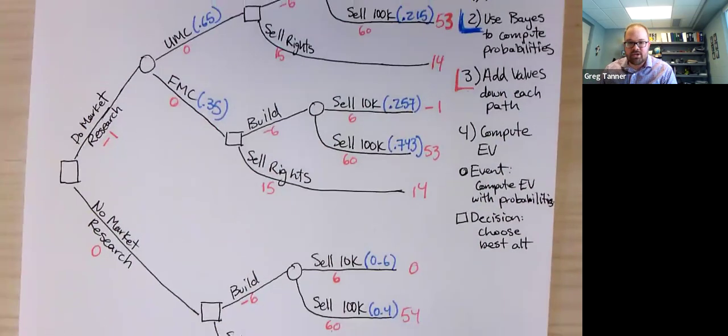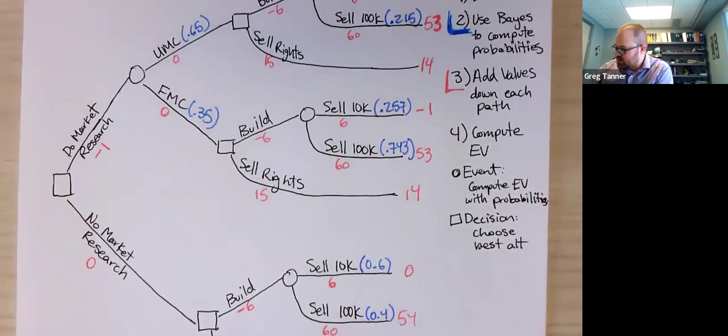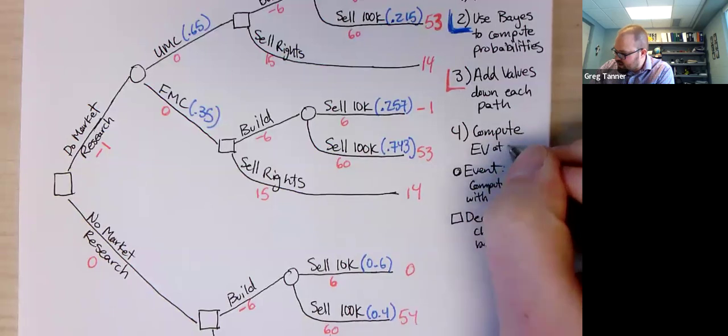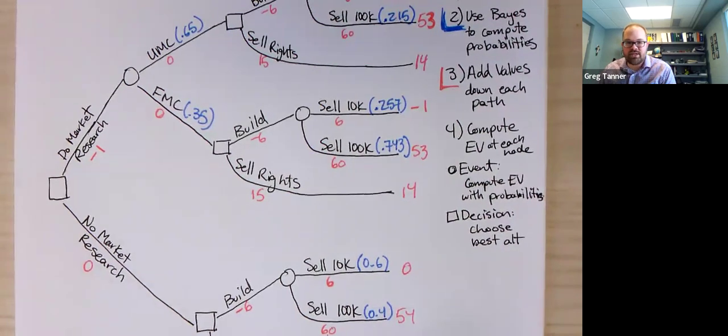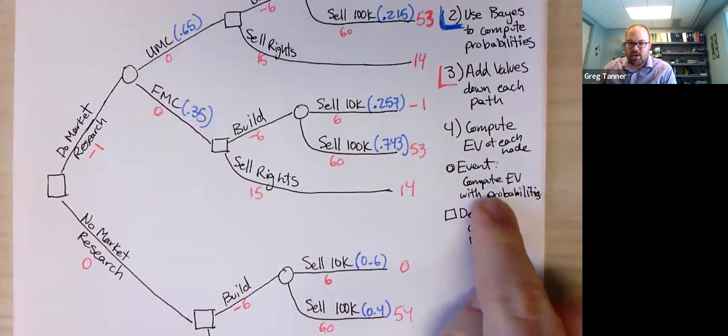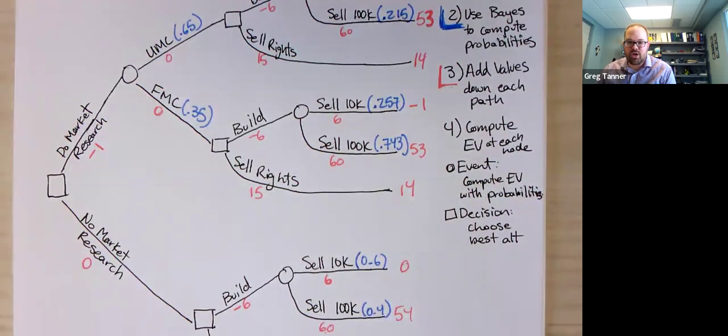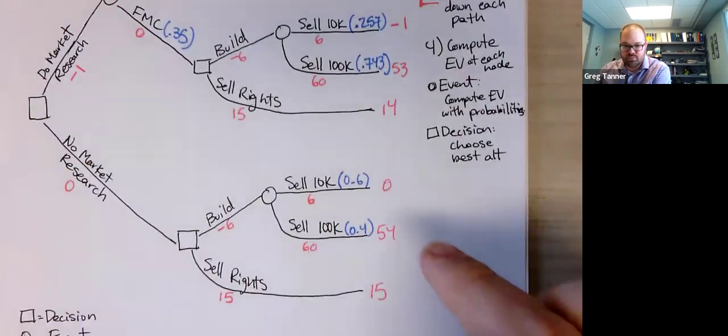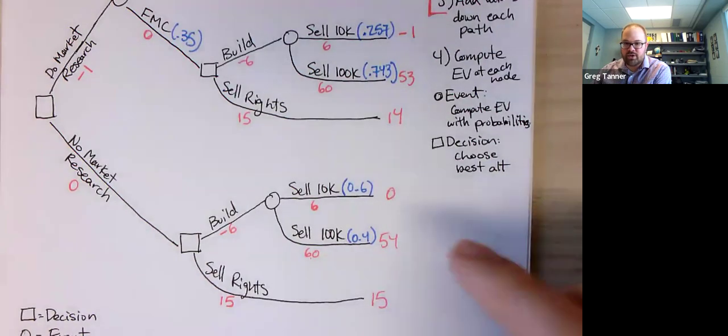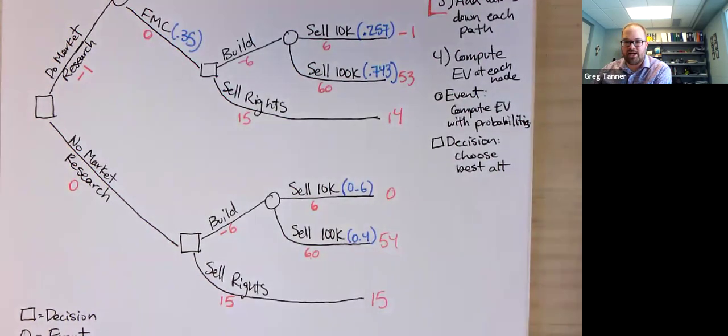Step 4 is now to compute the expected value at each node. Okay, so we want to compute the expected value at each node. If we run into an event node, we compute the expected value using probabilities. So here I'll do this first one. We move from right to left, so we move up the tree or maybe down, depending on your perspective.